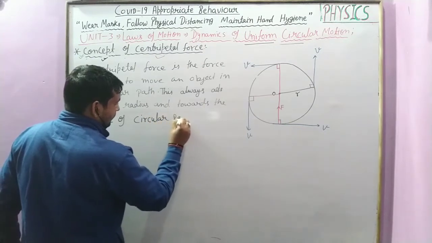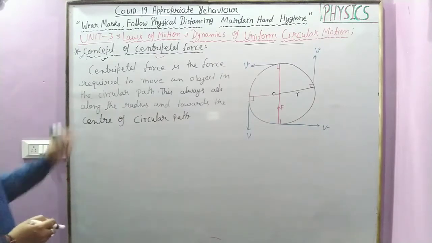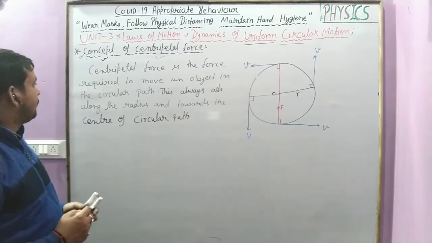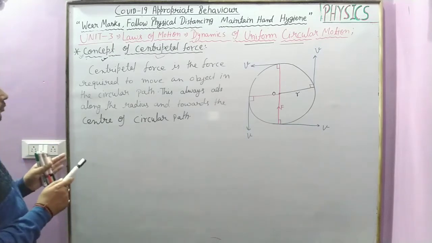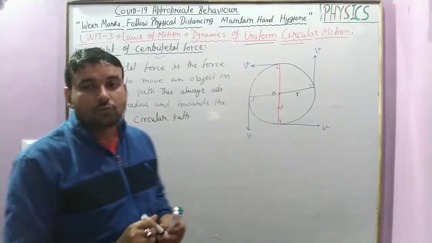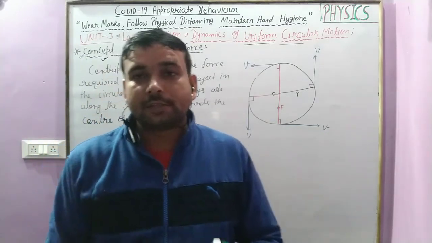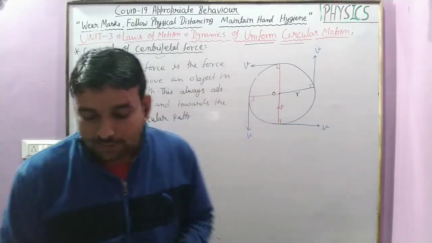Clear? So centripetal force is the force required to move an object in the circular path, or say circle. This force always acts along the radius towards the center of the circular path.